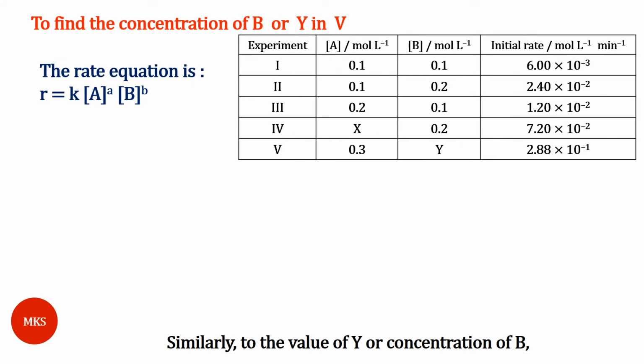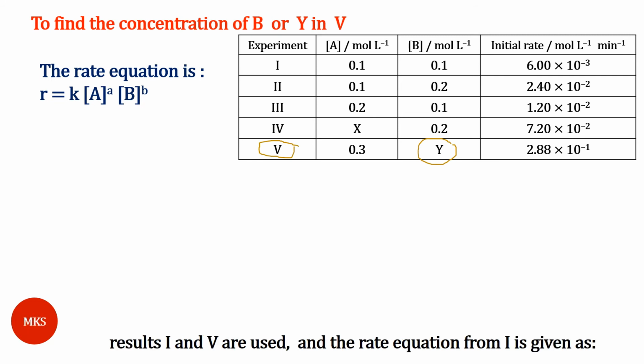Similarly, in order to find the value of y, that is the concentration of B in experiment number 5, results from experiment number 1 and 5 can be used.